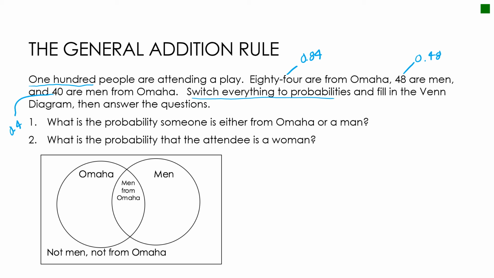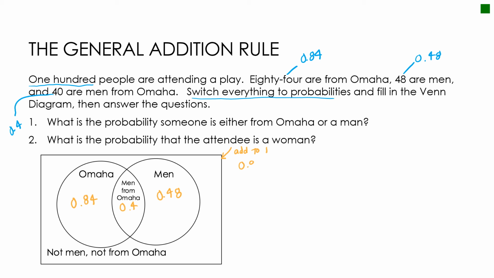So here's the mistake a lot of people make. They say, okay, 84% are from Omaha, so that's 0.84. And then 48% are men, so that's 0.48. And then 0.4 are men from Omaha. Now, remember what I said is everything inside of this, including the stuff outside of the circles, has to add to 1.